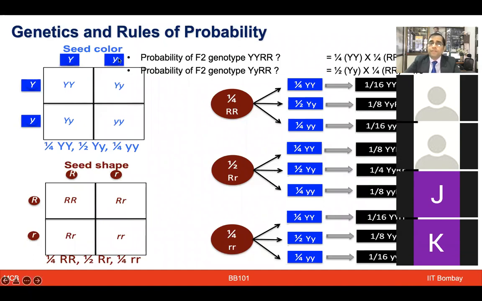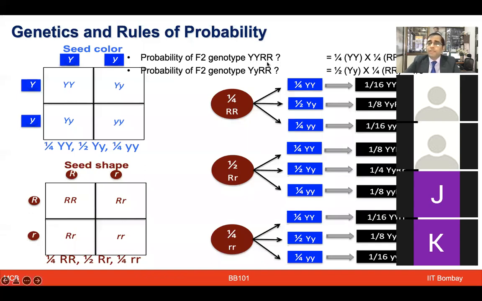If you do the cross of seed color and look at the possible gametes, like 1/4 capital Y, 1/4 small y, and half of capital Y, small y, it is like the cross we did earlier. The same goes for seed shape, and you can see these seed shape gametes. Now you can utilize this information to look into further crosses and see what the possibilities are for different types of gametes being formed.